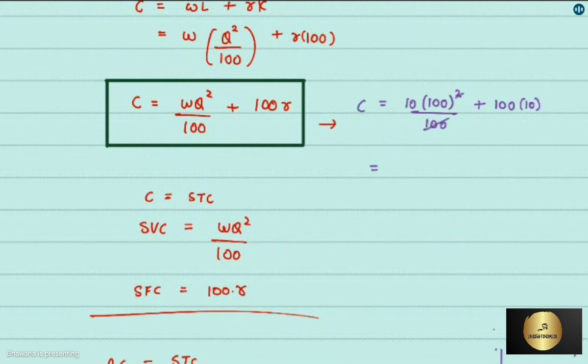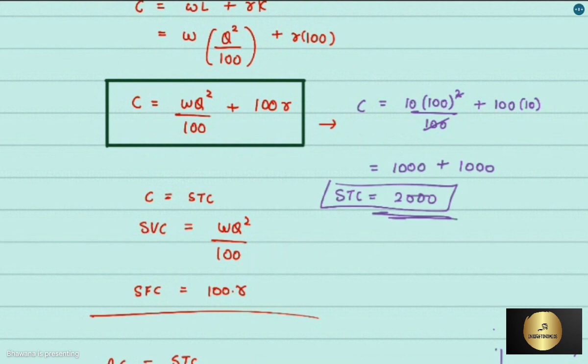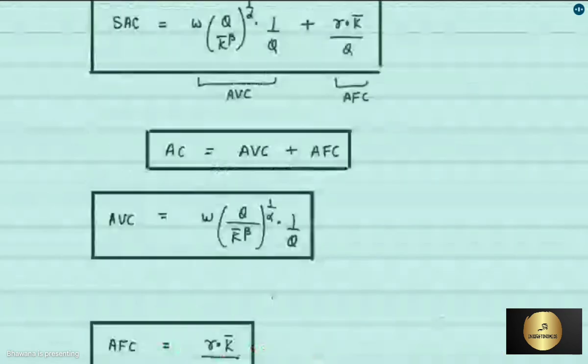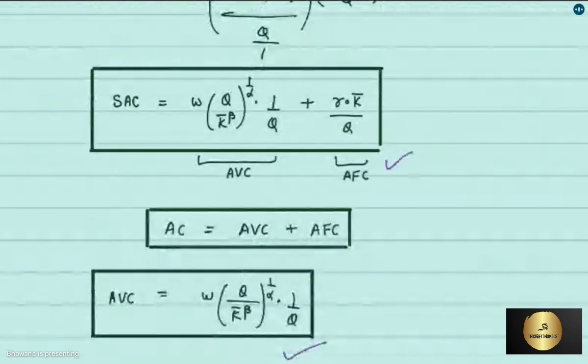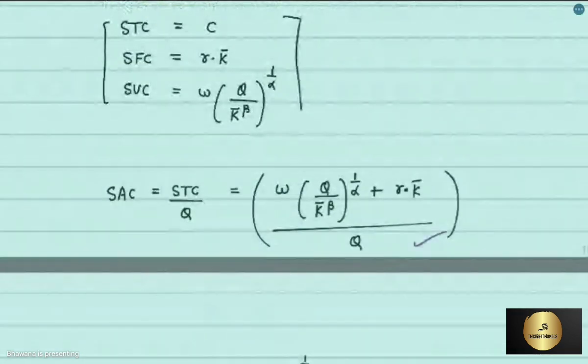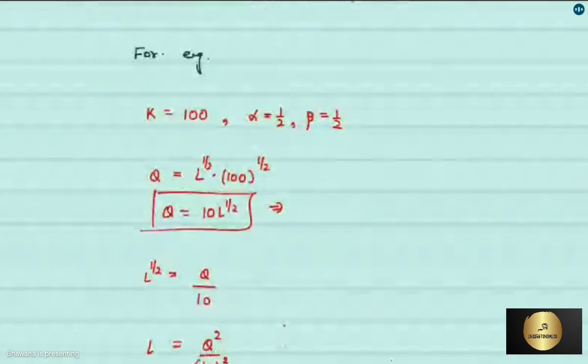So the 100s cancel and you're left with 1000 plus 1000, it's 2000. So your short run total cost is 2000 when your wage is equal to 10, your price of capital is equal to 10, and your Q is equal to 100. Then your short run total cost is equal to 2000. And these are the general expressions for the given Cobb-Douglas production function. Whenever you have values, you can easily derive an answer.